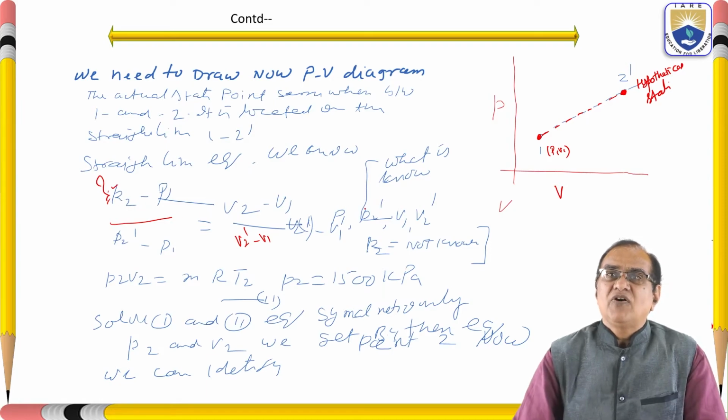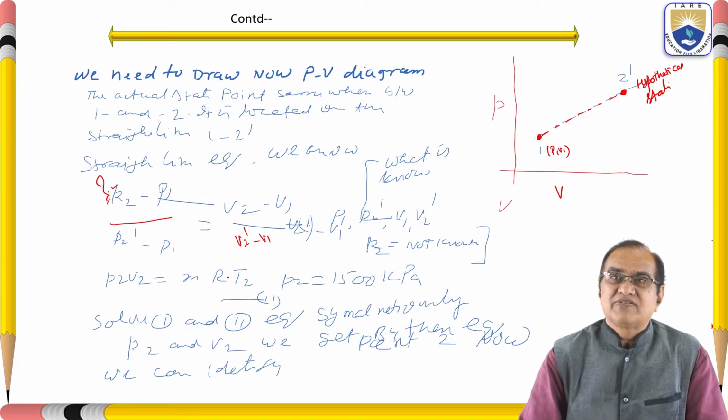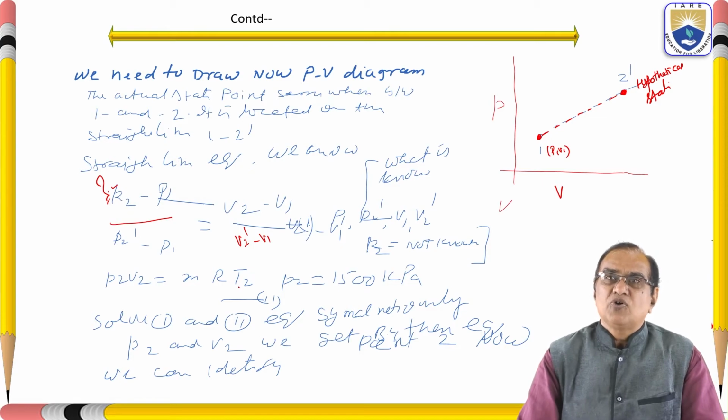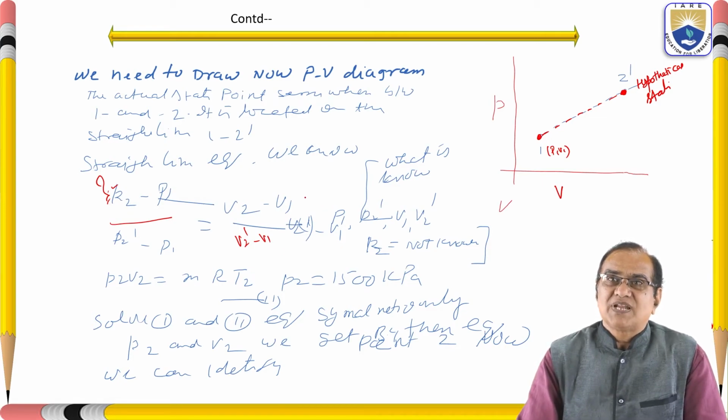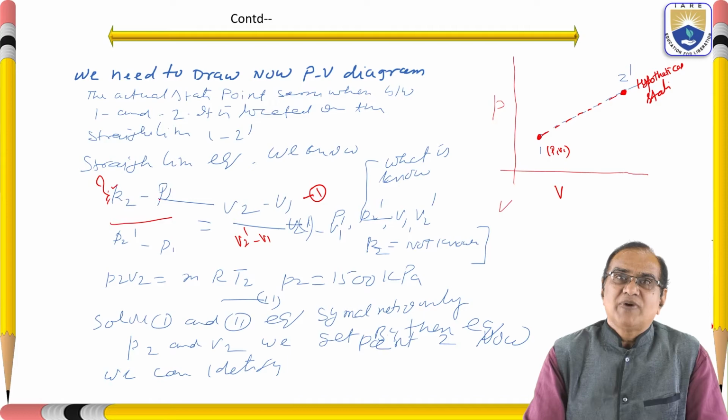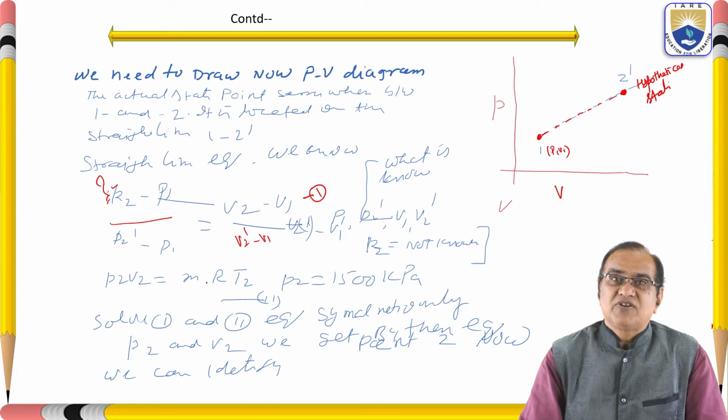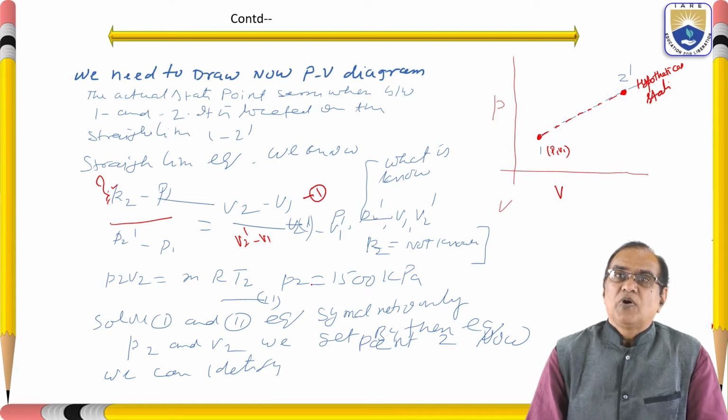So here we have equation number 1, and here we have P2V2 is equal to mR T2. So if we solve these two equations, equation number 1, that is P2 minus P1 by P2 prime minus P1 is equal to V2 minus V1 by V2 prime minus V1, and P2 V2 is equal to mR T2, we get the pressure at the final state as 1500 kilopascal.